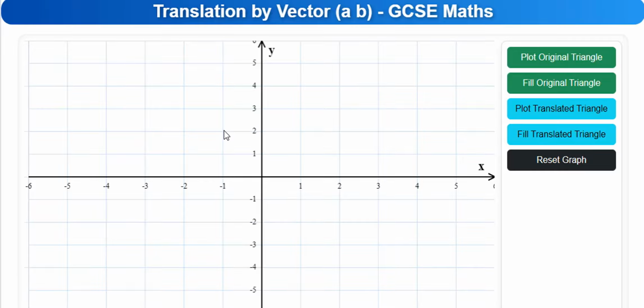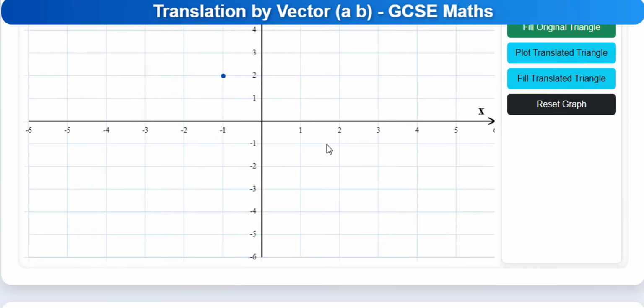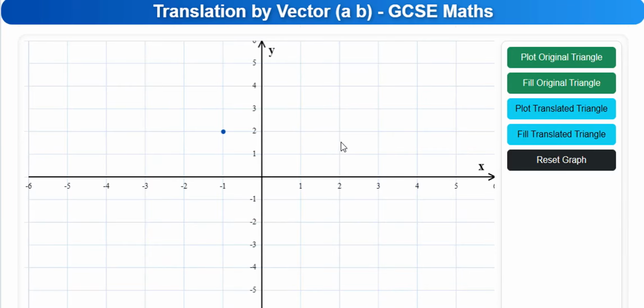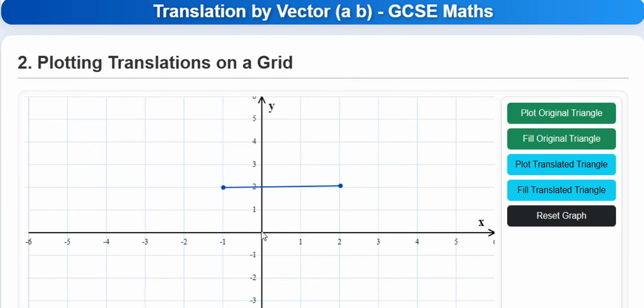I think we have -1, 2 somewhere there. The second one is 2, 2. So 2 on the x-axis, and 2 on the y-axis somewhere there. And then the last one is 0, 5. So we have 0 for x-axis, but 5 for y-axis, somewhere there. That becomes our original triangle.